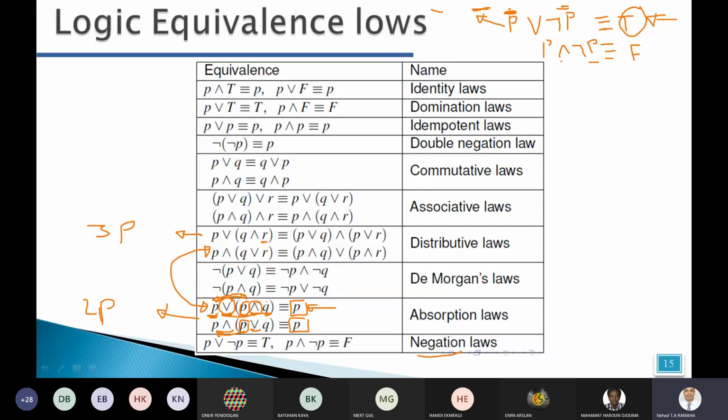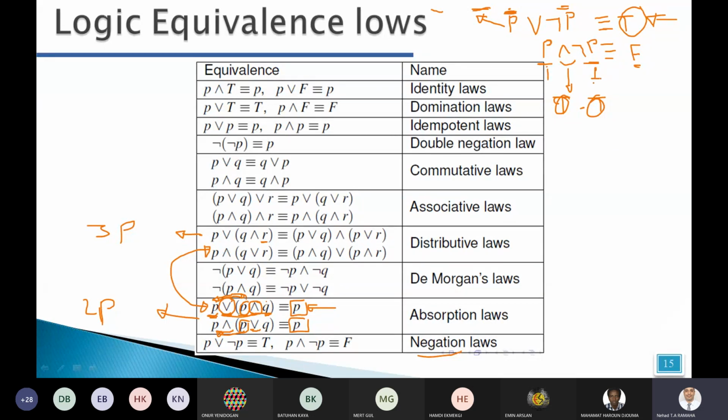Similarly, we can prove this. What does the AND operator say? If I have two sides true, the result will be true. But if any side is false, the result will be false. So I have the proposition and its negation. This means if this is true, this is false. If this is false, this is true.